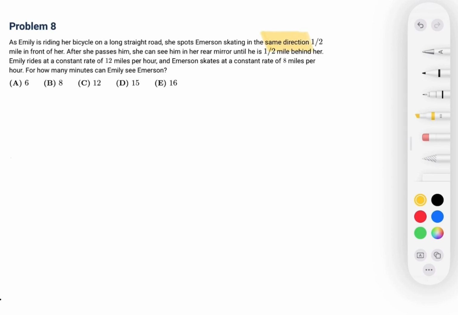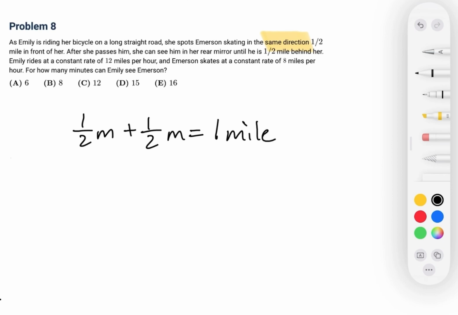First of all, we notice that they are skating in the same direction, which simplifies the problem. Then we see that Emily is behind Emerson for 1/2 mile, and then she is ahead of him 1/2 mile. This means that Emily can see Emerson for 1 mile. Then we see that Emily rides 12 miles per hour, which is 4 miles per hour faster than Emerson's 8 miles per hour.